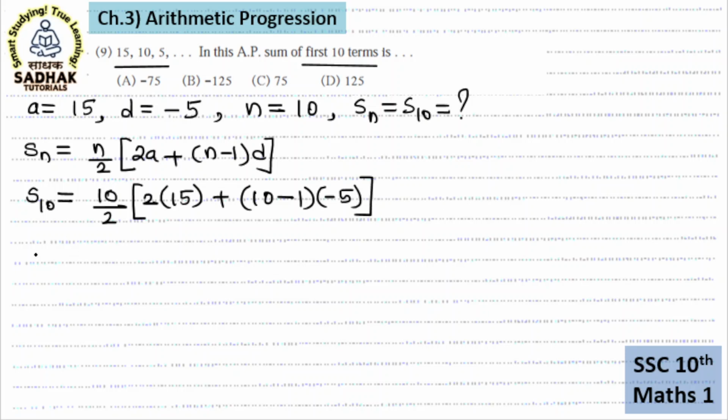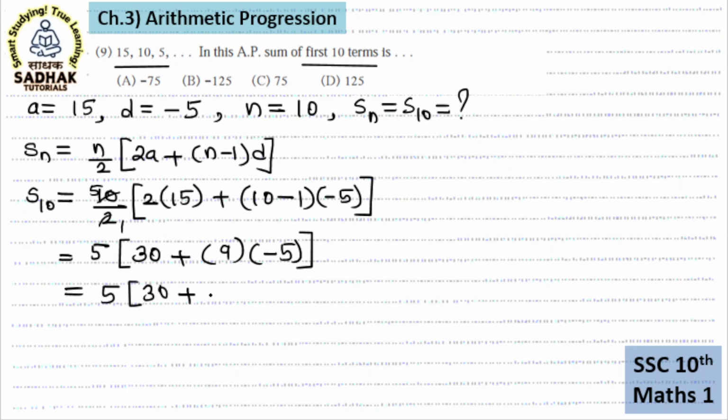Okay, so what will that give us? We can divide 10 by 2, so that will give us 5 bracket 2 15s are 30 plus 10 minus 1 is 9 multiplied by minus 5. So that will give us 5 bracket 30 plus, now 9 multiplied by minus 5 will be minus 45, so 5 bracket 30 plus minus will be minus.